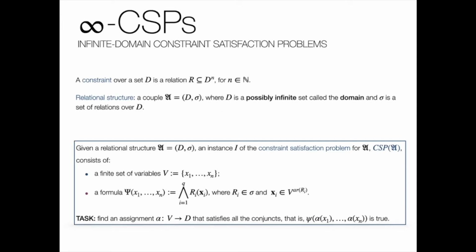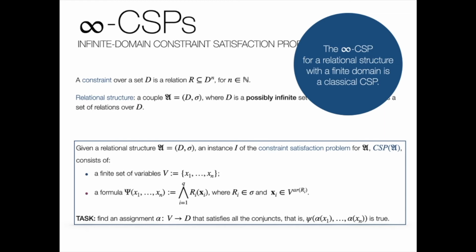In general, an instance of an infinite domain CSP is defined exactly as an instance of a classical CSP, except for the fact that the domain is allowed to be an infinite set. Clearly, the class of infinite domain CSPs strictly contains the class of classical CSPs.